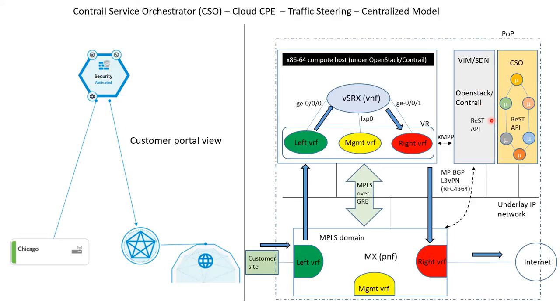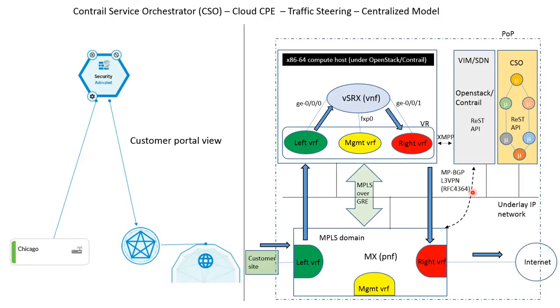So let's see what kind of technologies are at play here. Any service provider or large enterprise out there is running some flavor of L3 VPN, which is described in RFC 4364. So there is nothing new here.